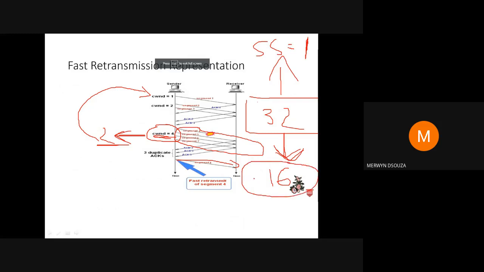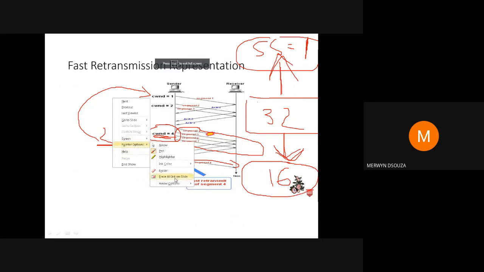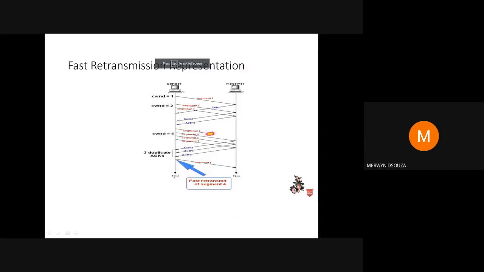Whereas if only fast retransmit was there, slow start would have to be used and the network speed would be reduced, as you can see here. I hope you all have understood what I have explained, and thank you for listening, and see you for the next lecture.